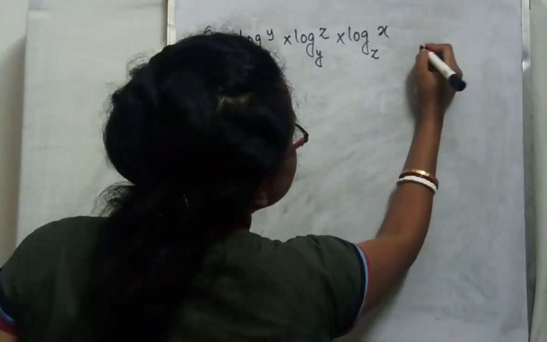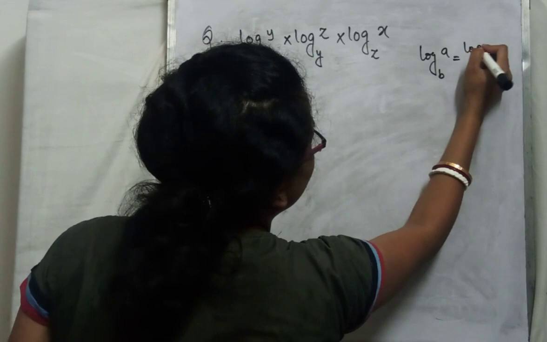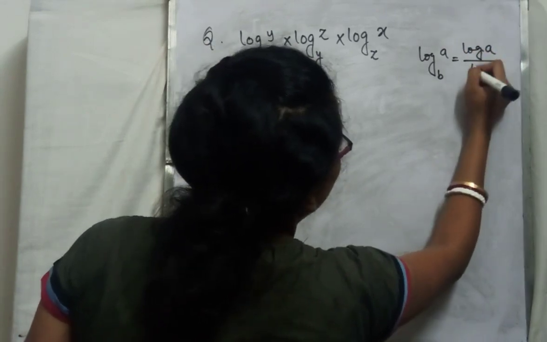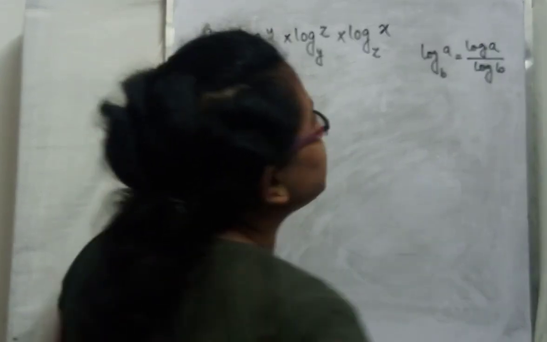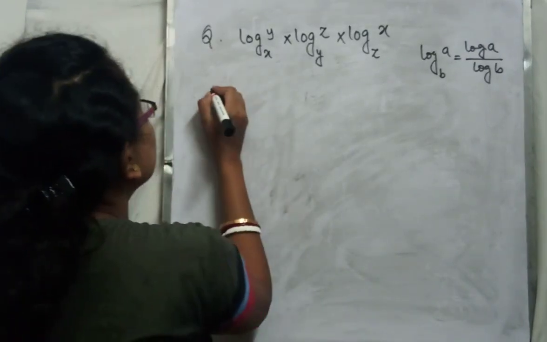I think this formula: log a base b is equal to, we know, log a by log b. Now you know this formula exactly.